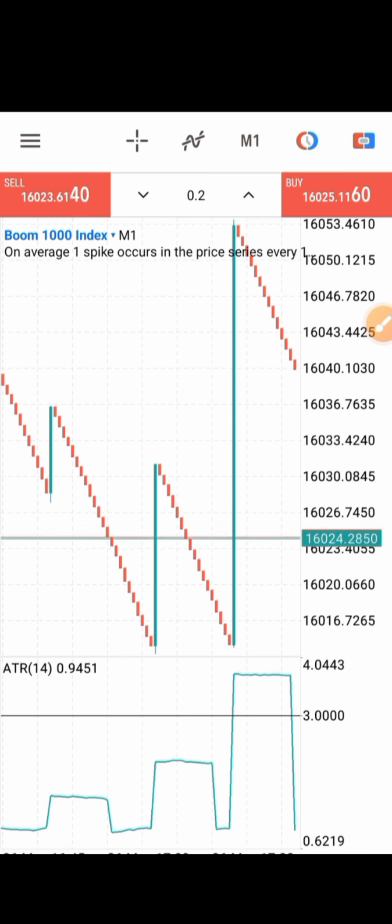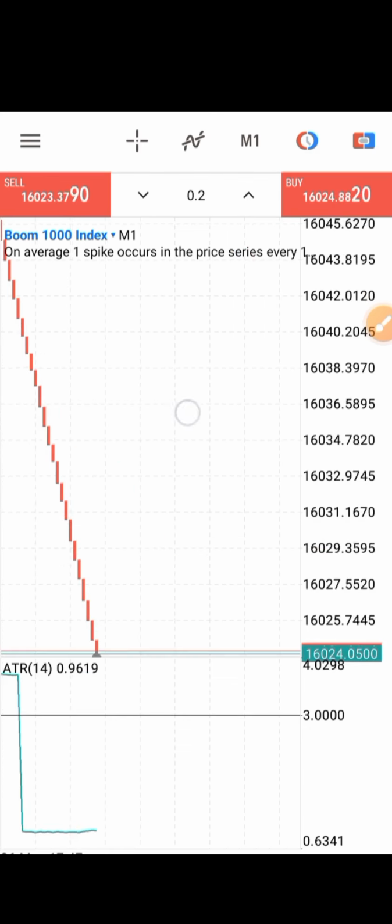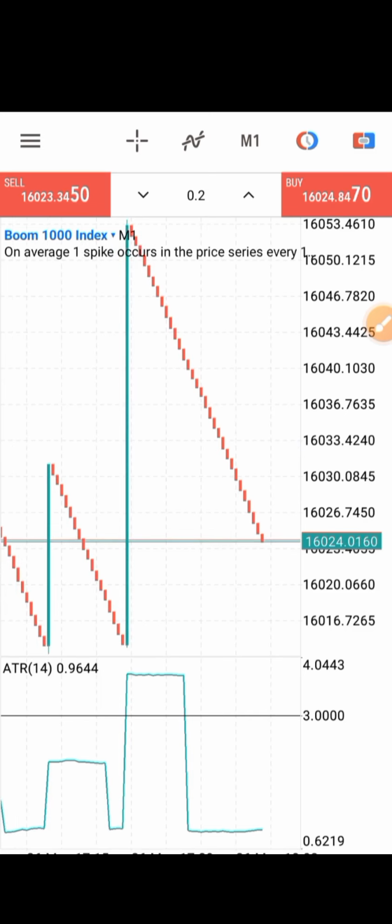So the rest is you. The execution is you. The risk management is you. The money management is you. The trade management is you. How do you manage your trade? When you are in profit, how do you react? When you are in loss, how do you react? That is what makes you a trader.